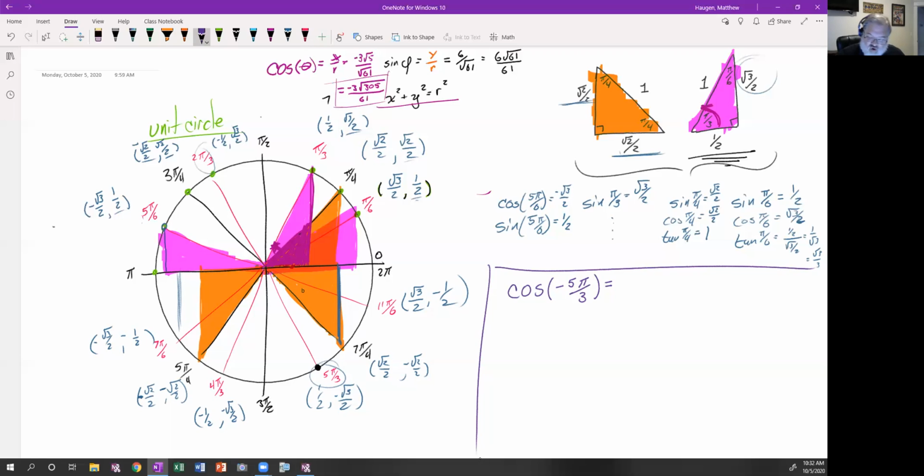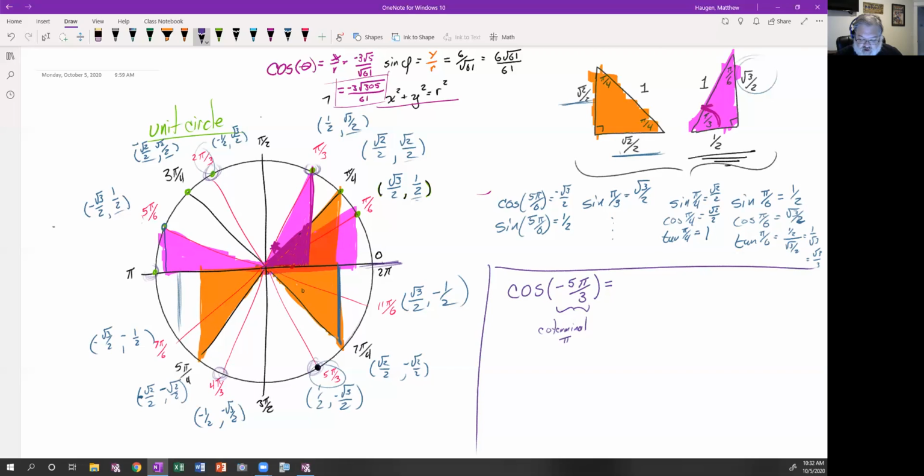But what's coterminal to that negative 5π/3? Well, if we start at 0 and count negatively, then that's negative 1π/3, negative 2π/3, negative 3π/3, negative 4π/3, negative 5π/3. So negative 5π/3 is coterminal to 1π/3.